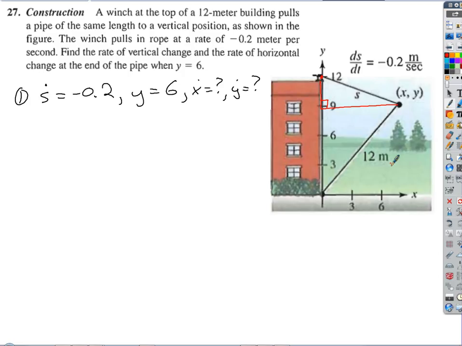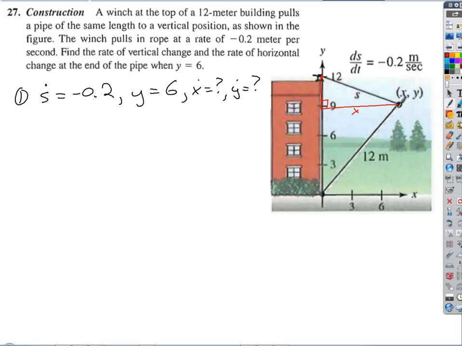Maybe, but you're assuming it's 9, which we don't know. What is the length of that side for sure? It's X, because that's just the X coordinate of that point. There's the origin, so it represents the horizontal position of that point.